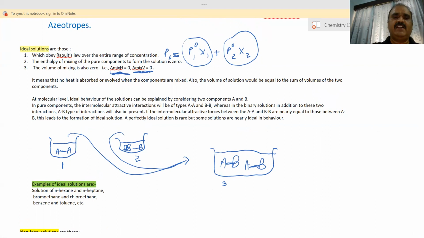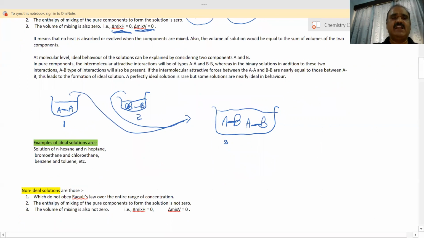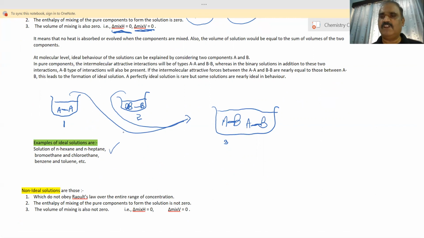For example, here we have written some examples like solution of n-hexane and n-heptane. Hexane, organic compound, C6H14, simple alkane, and heptane is also an alkane, C7H16. So hexane and heptane both are liquids.